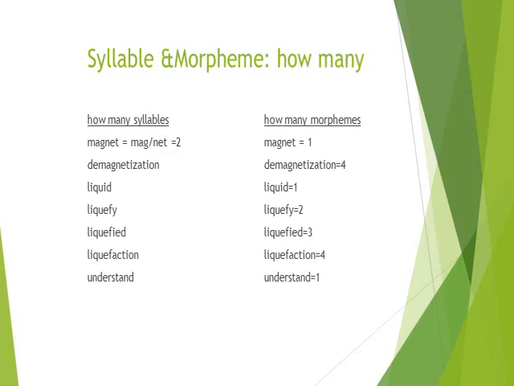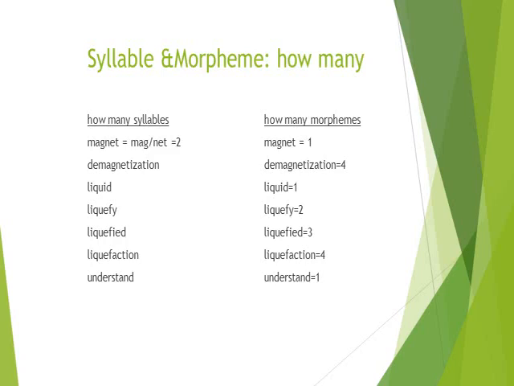Now, let's consider the number of syllables we have here and the number of morphemes. Remember, syllables connect with sound, and morphemes are related to meanings. In magnet, we have 2 syllables, and the number of morphemes in magnet is just 1. Now take the word demagnetization.